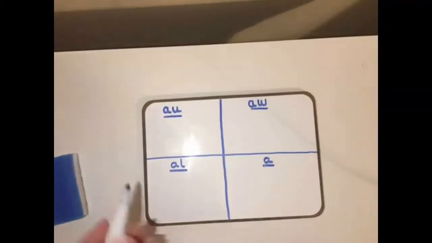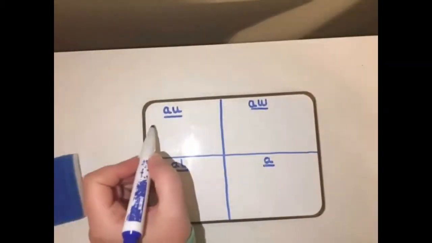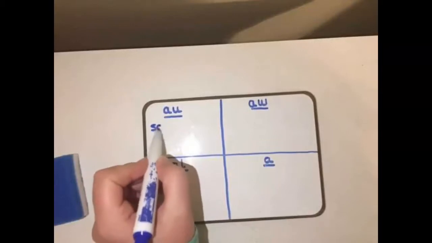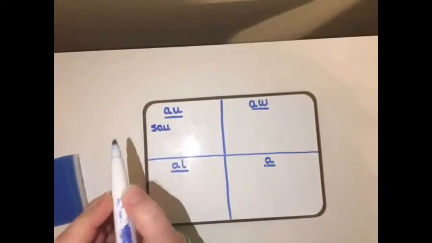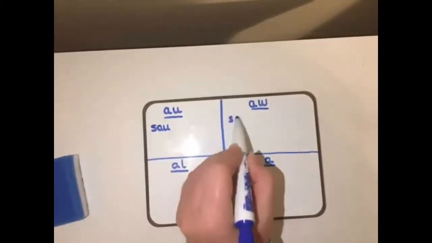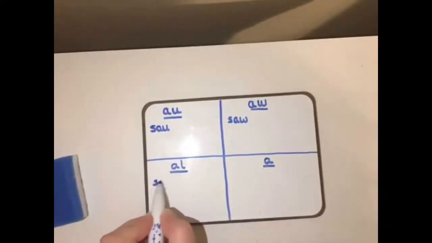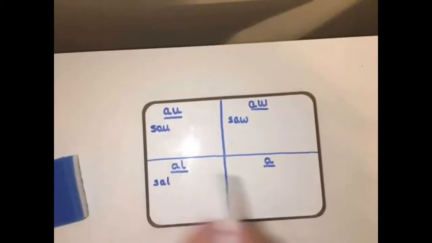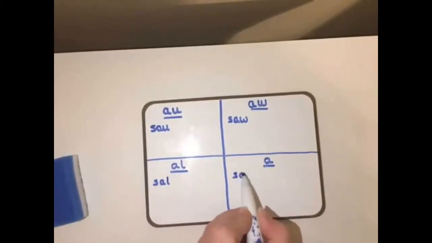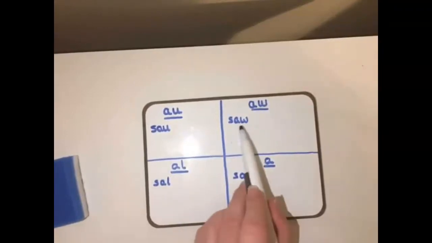All right, so if we tried that in all of these boxes, saw, saw, saw, and saw. Which one looks correct to you? It is the A-W word.